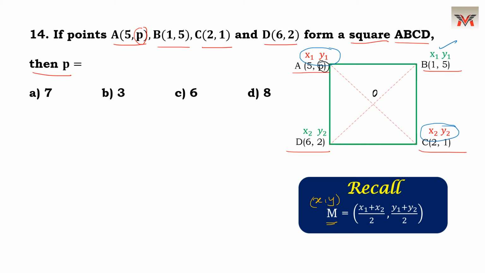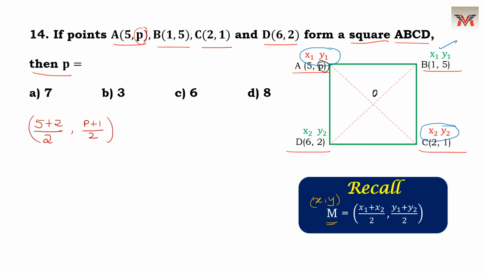Okay, let us continue with the problem. For the first one we write (x1 plus x2) by 2, where x1 is 5: (5 plus 2) by 2, and (y1 plus y2) by 2, where y1 is p: (p plus 1) by 2.